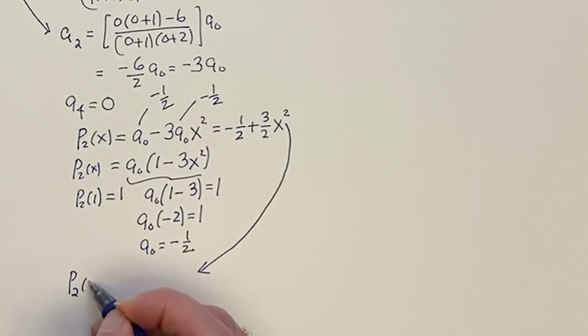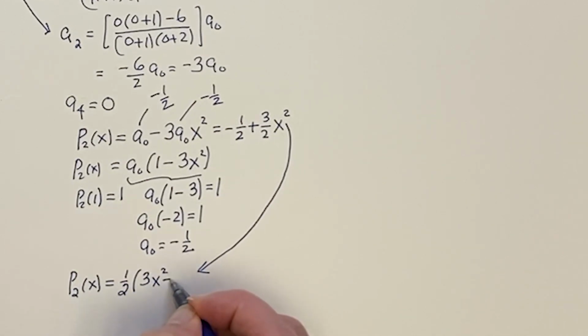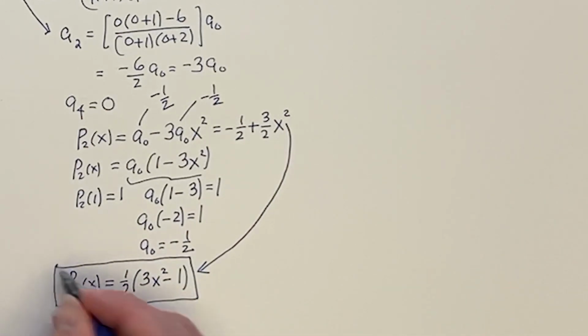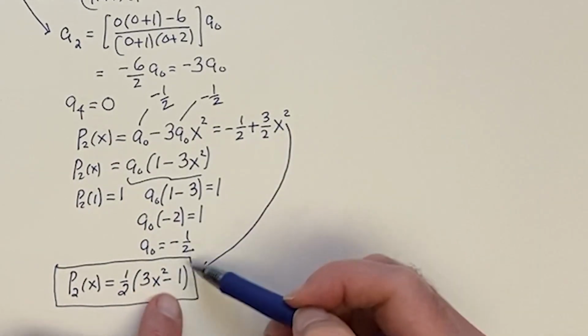So the second Legendre polynomial would be 1/2, and I'll write this as 3x squared minus 1. Three halves x squared minus 1/2.